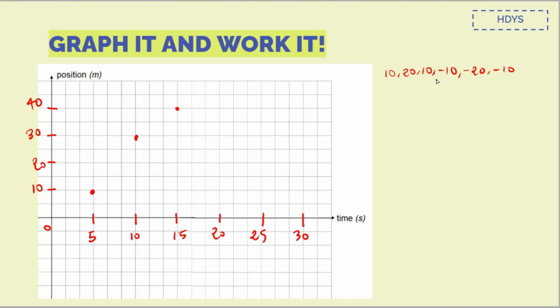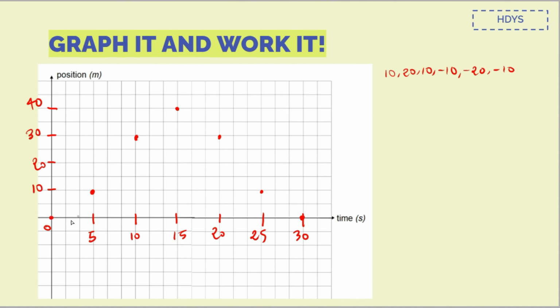And then going back to the starting point, we're going to subtract 10 from here, which leads us back to 30. Subtract 20 leads us back to 10. And finally, we go back to the initial position. And so this is what the points we plotted should look like.